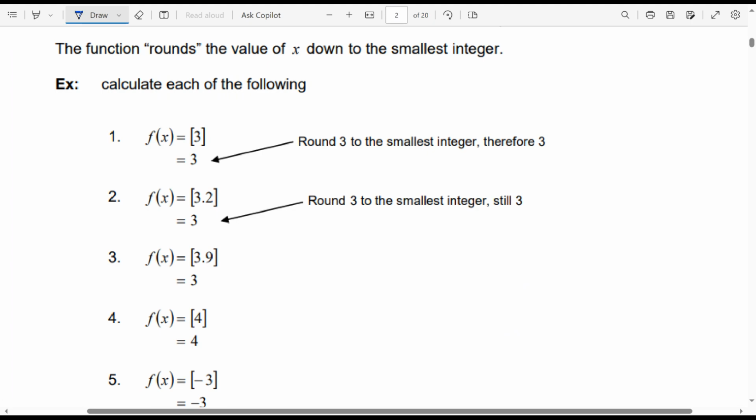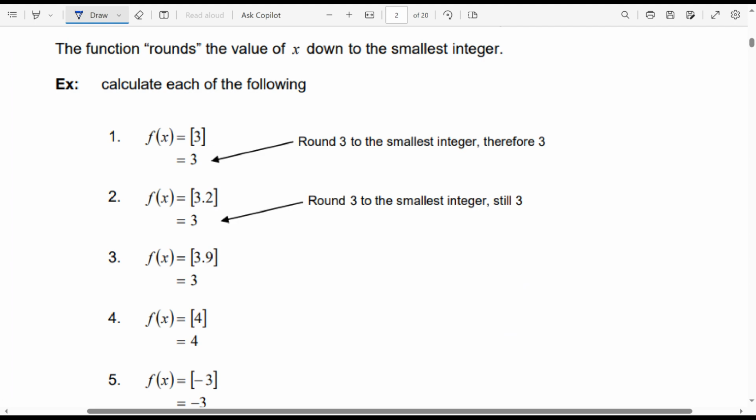So on something that looks like this guy right here, the greatest integer function value of 3 is just 3. Those bars essentially just mean no matter what, I round down. So if it was 3.2 in here and I wanted to get rid of these brackets and just go to normal brackets, 3.2 would turn into 3.